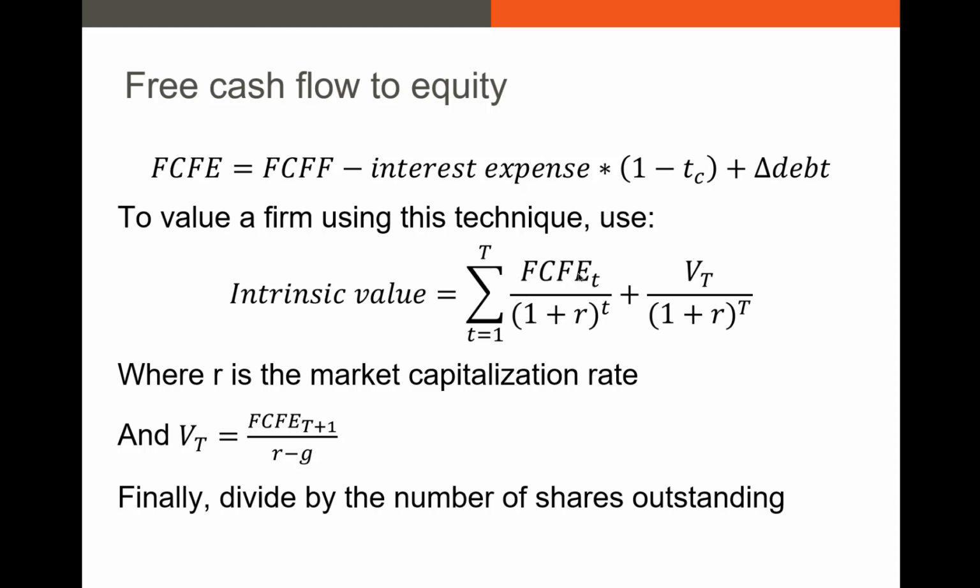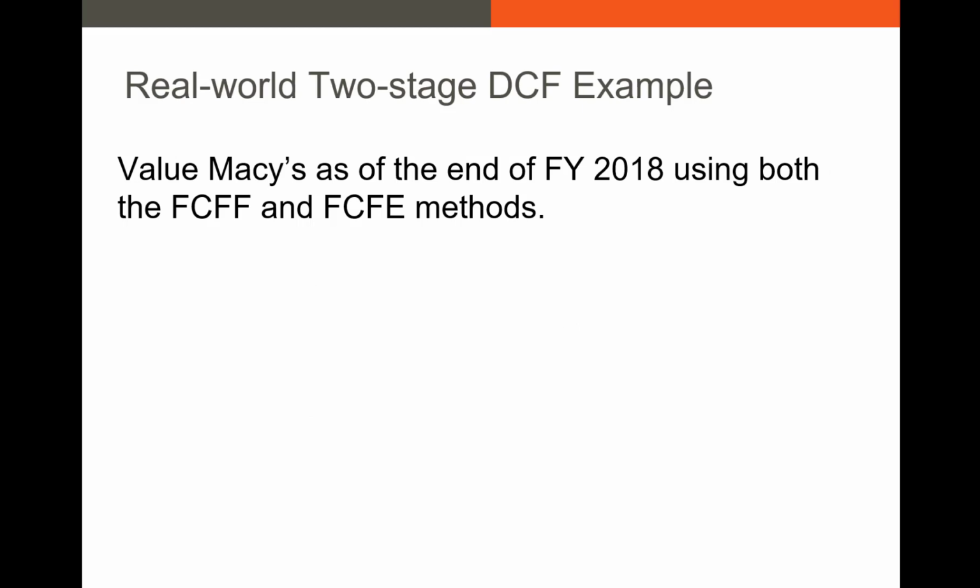FCFEs become the things that we discount to the present, and then we discount them at the cost of equity rate and divide by number of shares outstanding, and that'll get us our intrinsic value.